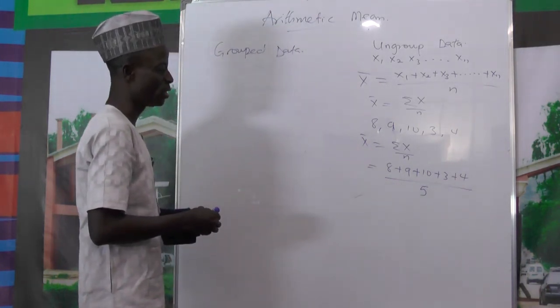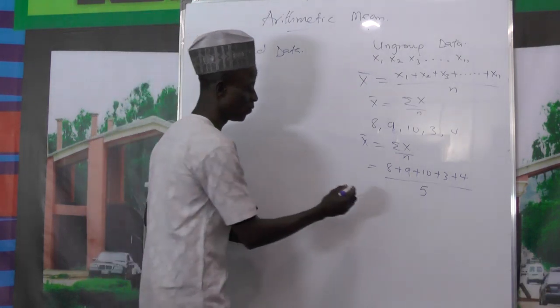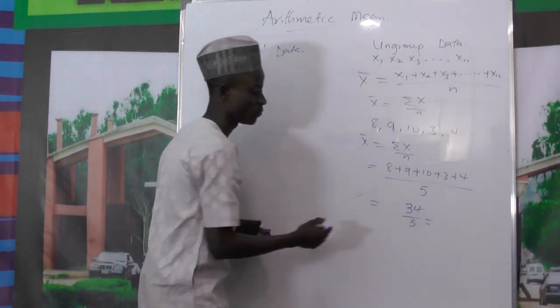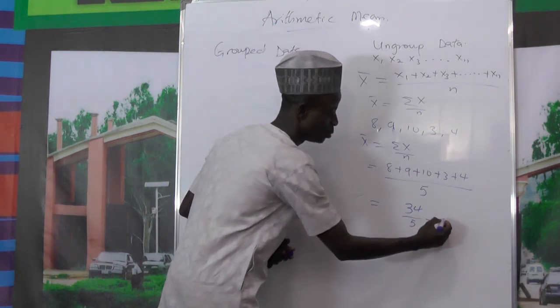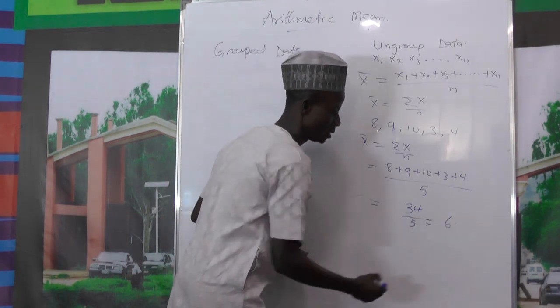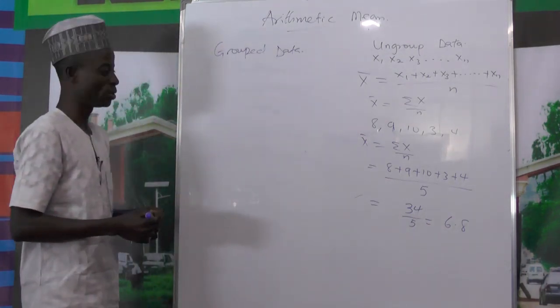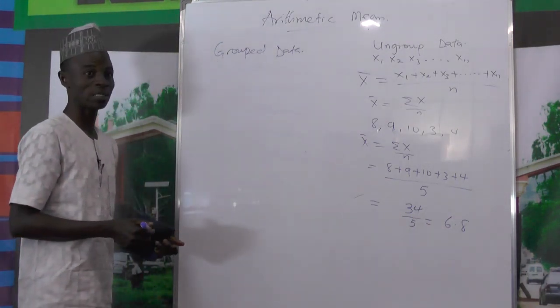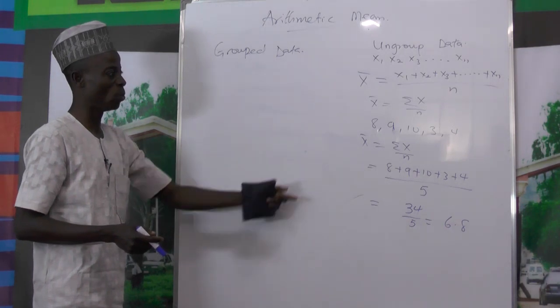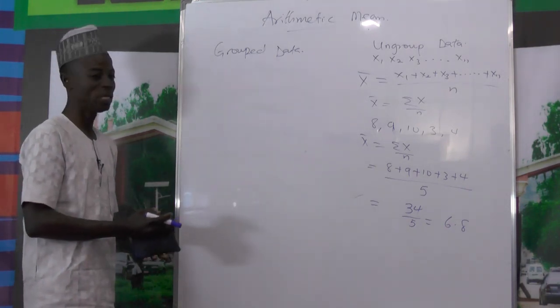If you add all this together, this will give us 34 divided by 5, which equals 6.8. So that is if you are dealing with ungrouped data.